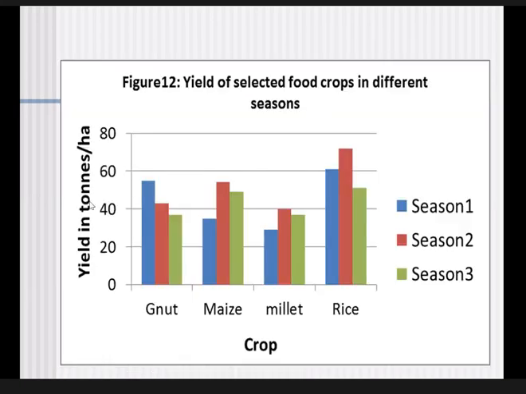Yes. The same thing. This groundnut entry appears first and at the top, and with it now horizontal, season 1, which is blue, is at the top, followed by season 2 and then season 3.